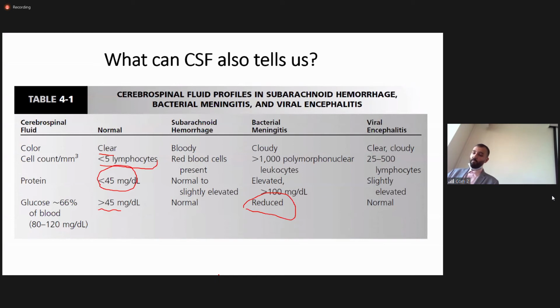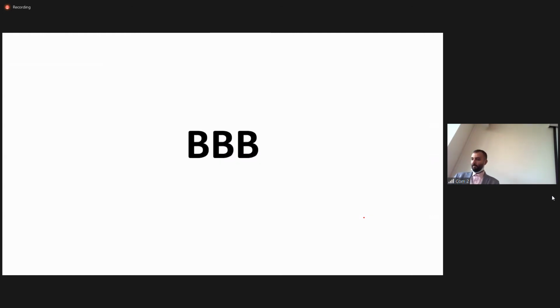Also, for example, in hemorrhage, you would find red blood cells, and in viral infections, you would see different types of white blood cells present in CSF. So the bottom line is that CSF is very important for diagnosis of many diseases. Okay. Any questions? All good, clear?